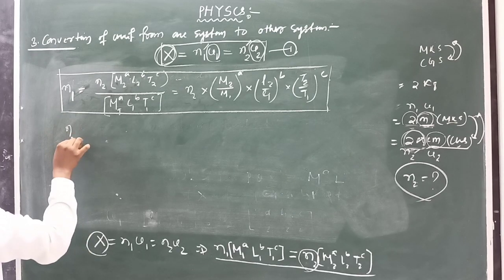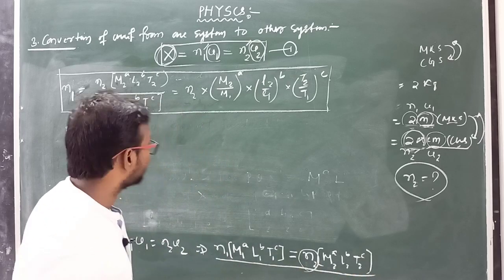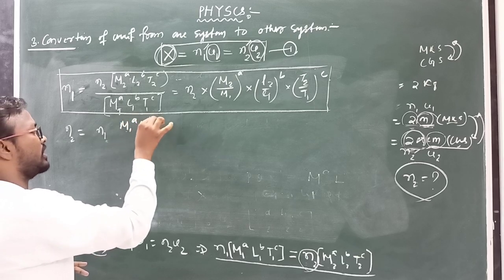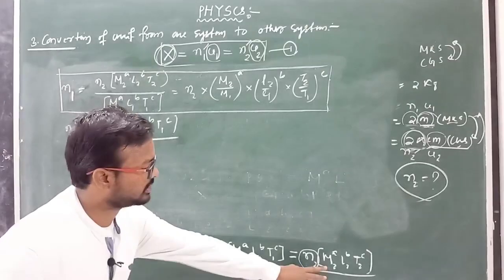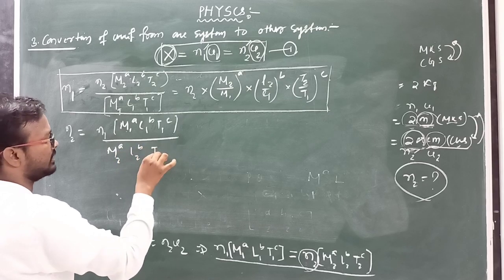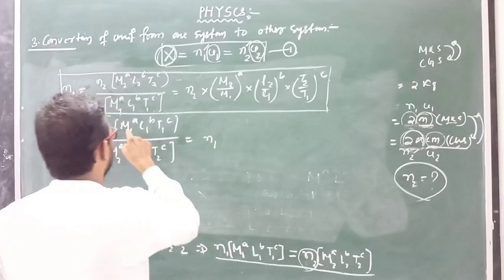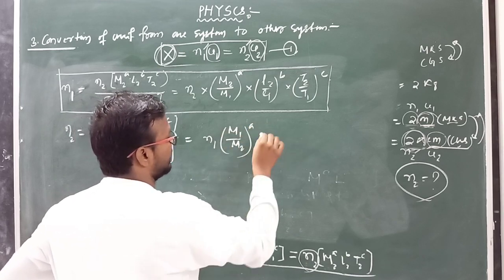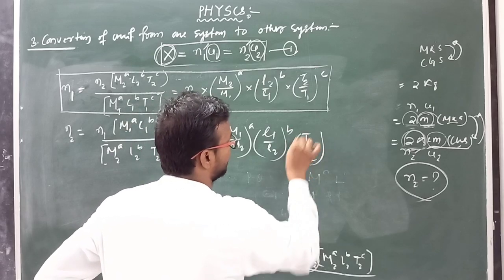Similarly you can find the value of n2. Now divide this side: n1 m1a l1b t1c divided by m2a l2b t2c. So we can write n1 into m1 by m2 power a, l1 by l2 power b and t1 by t2 power c.